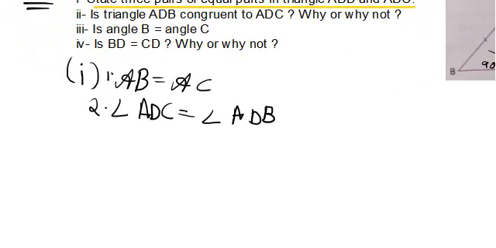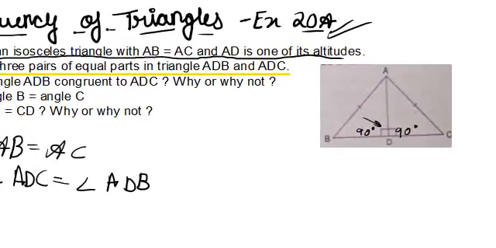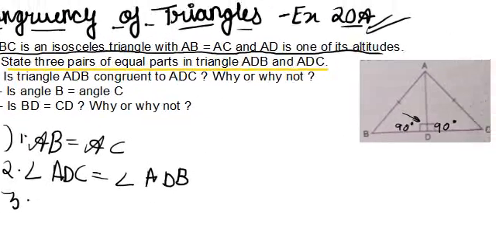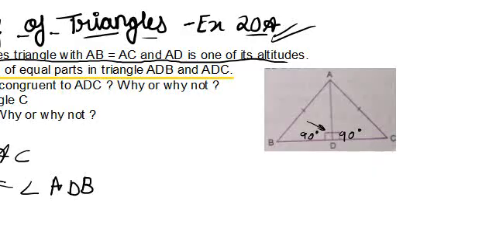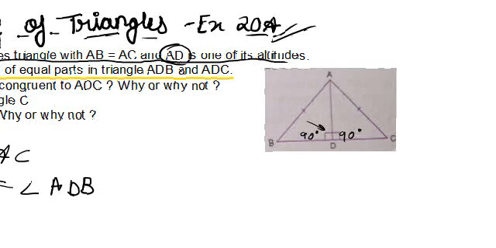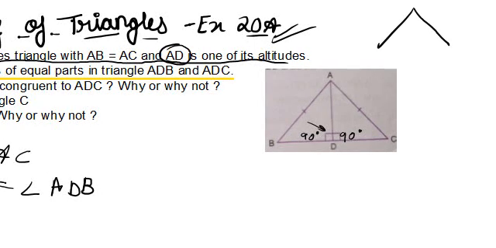And then the third and final pair, that will be what? The altitude. You can see that AD is one of its altitudes. What is an altitude? Altitude is the height of a triangle, that is the maximum length vertically. This one, this will be the altitude.